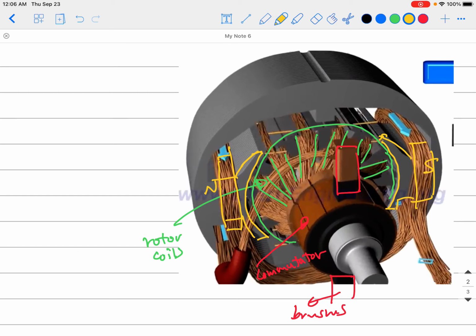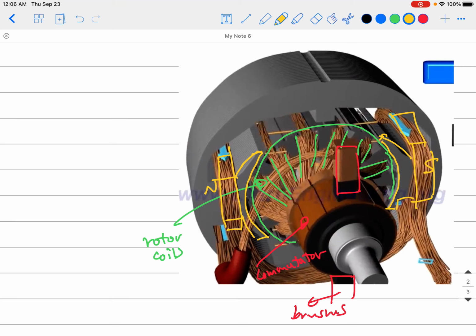Also, in a big machine you will be using bigger poles, and permanent magnets are quite expensive. So when you go up in the size of the machines, we usually use electromagnets like this. Here's the idea: you have a coil wrapped around a piece of iron.